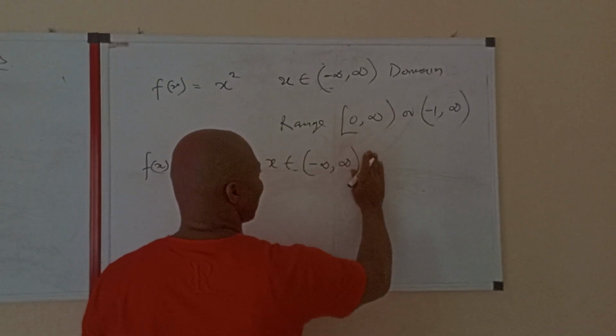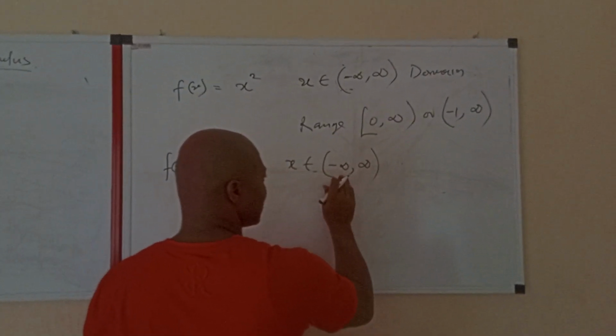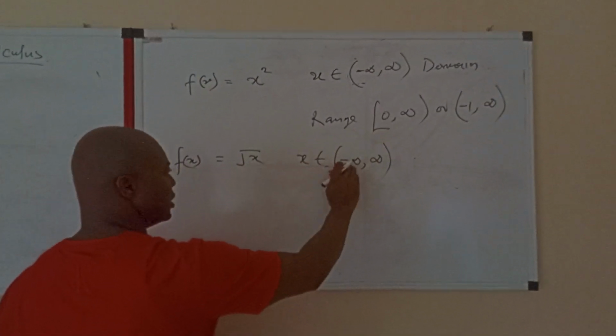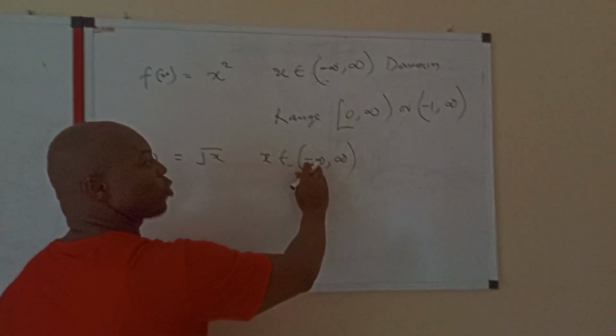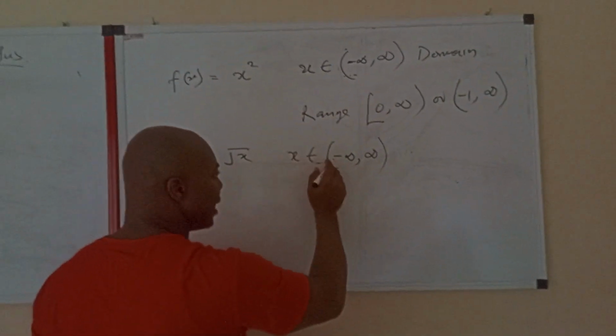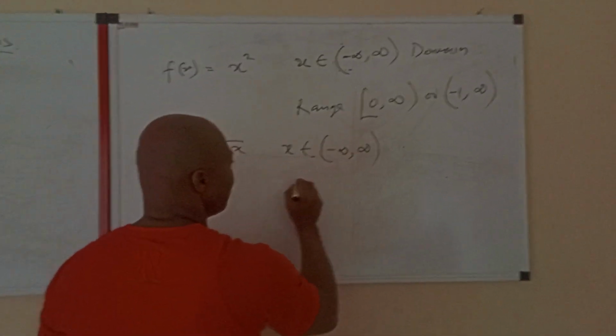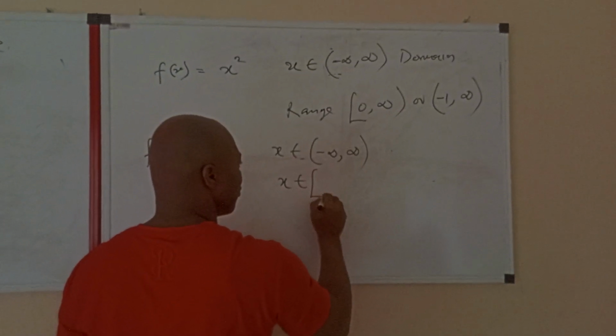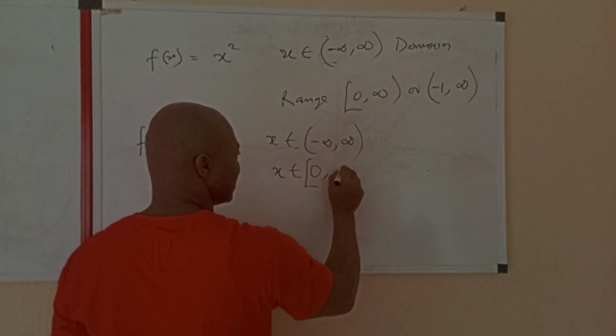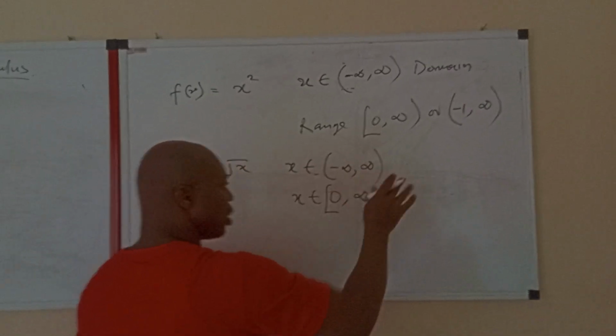So our domain will not take the negative numbers, because when you put the negative numbers, you will see that complex numbers come out. So the domain of this one will be x, where 0 is included, and it keeps increasing. It is only this side.